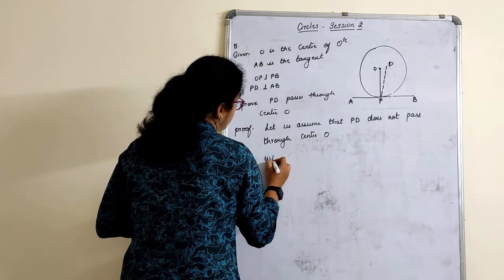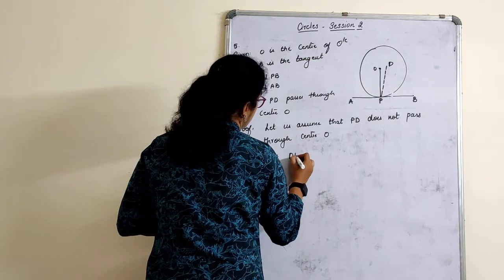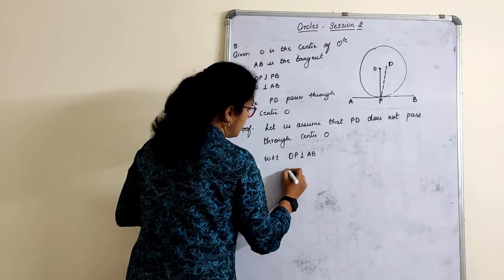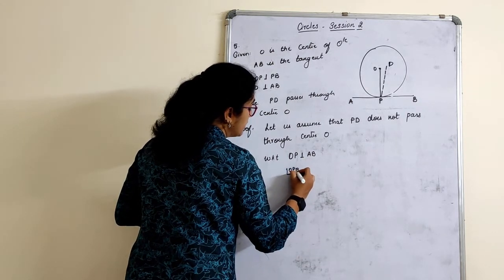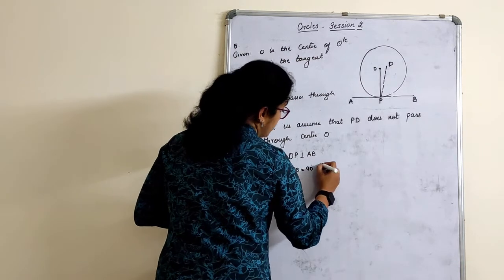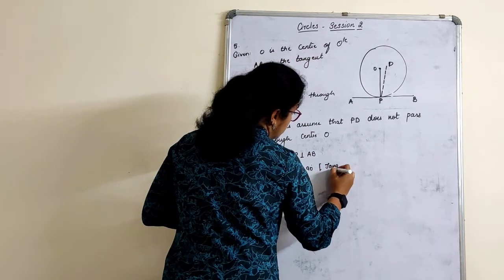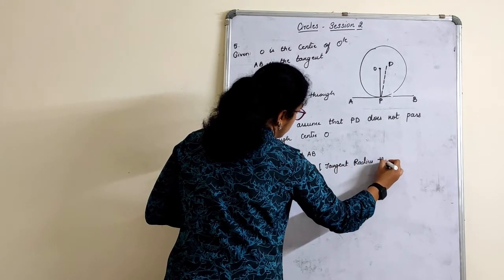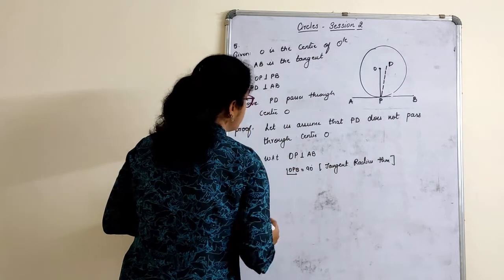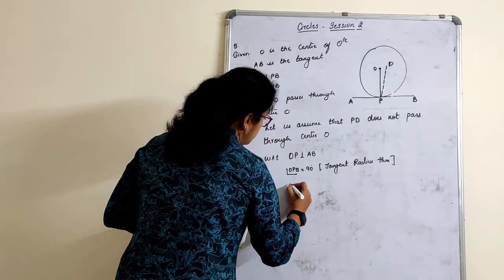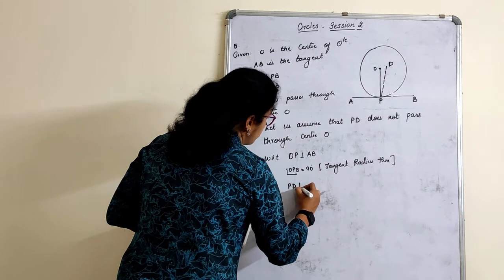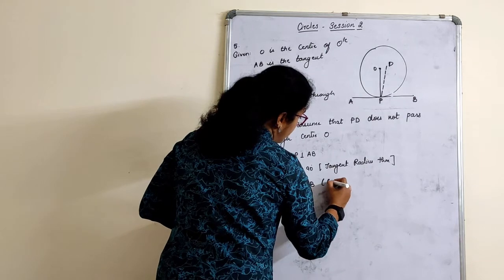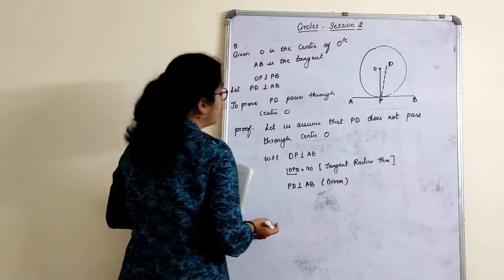We know that OP is perpendicular to AB. So if OP is perpendicular to AB, angle OPB is equal to 90. Reason: tangent radius theorem. Next, PD is also perpendicular to AB, given, or we have done it from the construction.